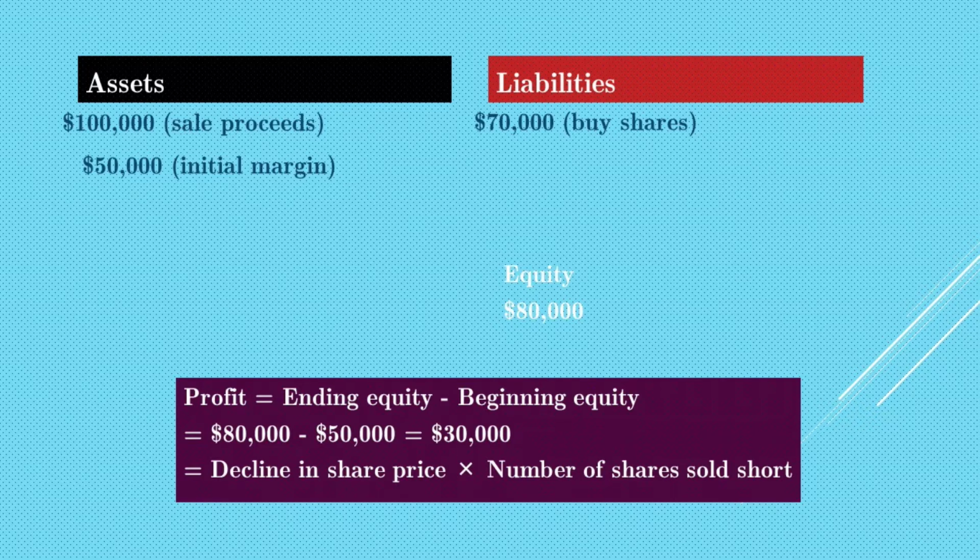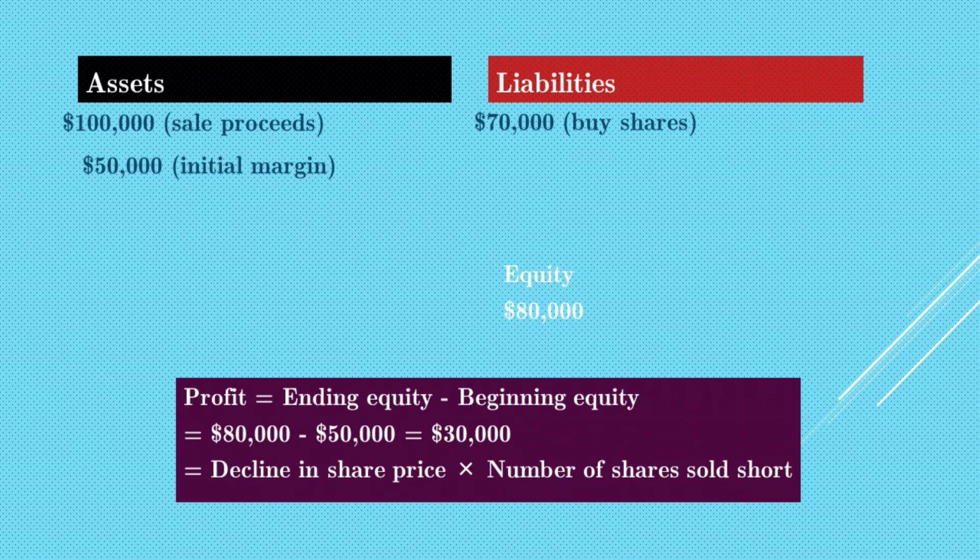So when we entered the short contract, how much was our margin or equity? It was $50,000. But now, after the share price has dropped to $70 a piece, our equity has risen to $80,000. So our final profit from entering into this short sale position is the new equity minus the old equity, or $80,000 minus $50,000 equals $30,000.